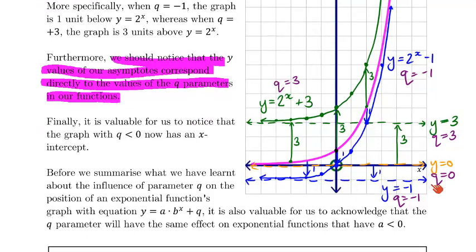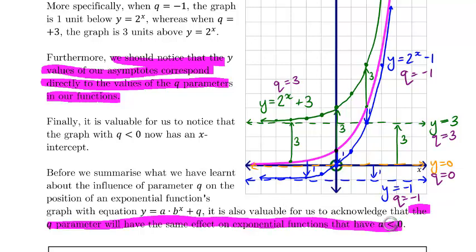Now, before we summarize what we have learned about the influence of parameter q on the position of an exponential function's graph with equation y equals a times b to the x plus q, it is also valuable for us to acknowledge that the q parameter will have the same effect on exponential functions that have a less than 0, with the exception of what we had over here, okay?